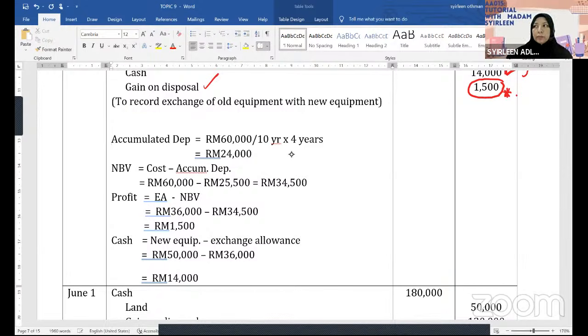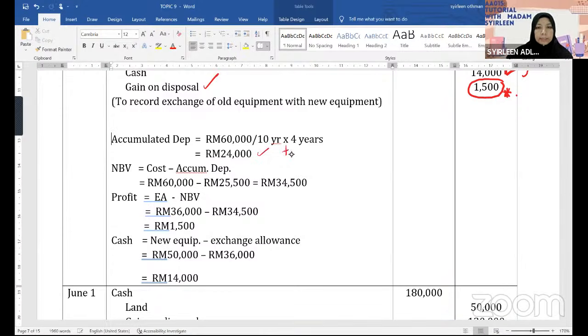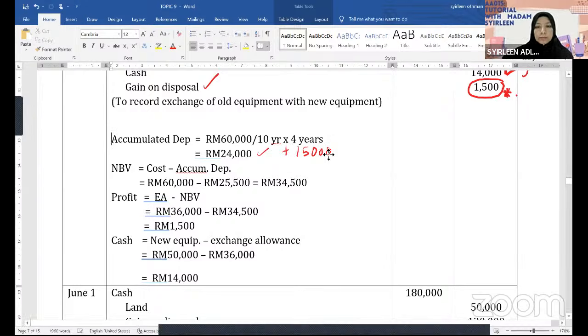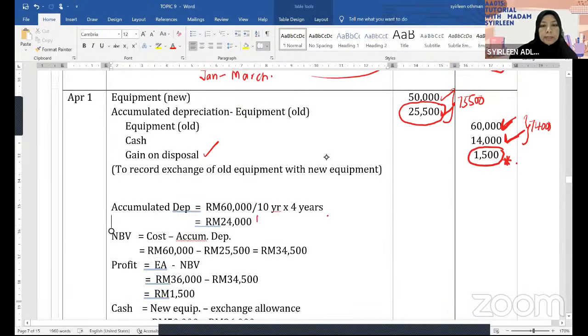So you get 24,000. Alright. So this is amount yang kita akan tambah dengan 1,500 tadi. So that your latest accumulated depreciation balance is 25,500. Okay. So yang ni kita akan tambah dengan 1,500. That's how I get 25,500 ringgit.